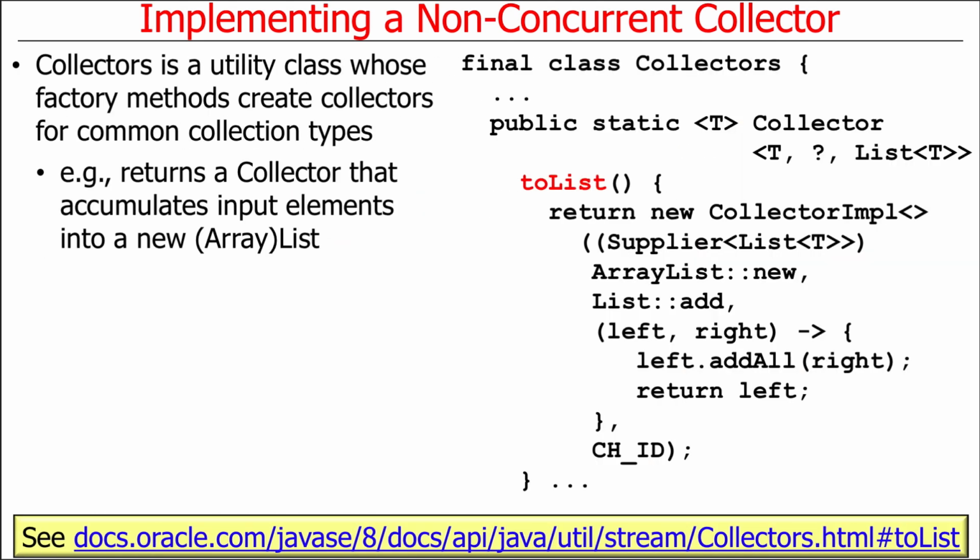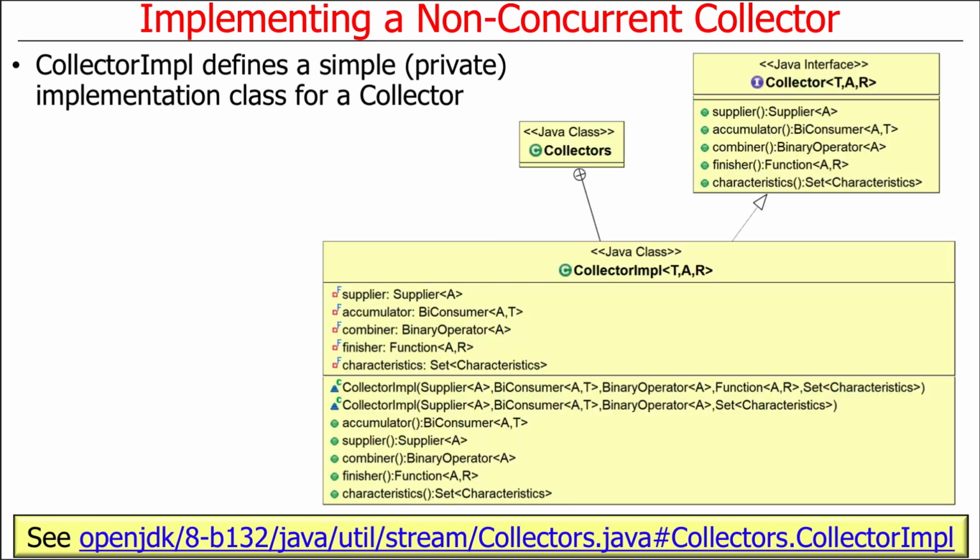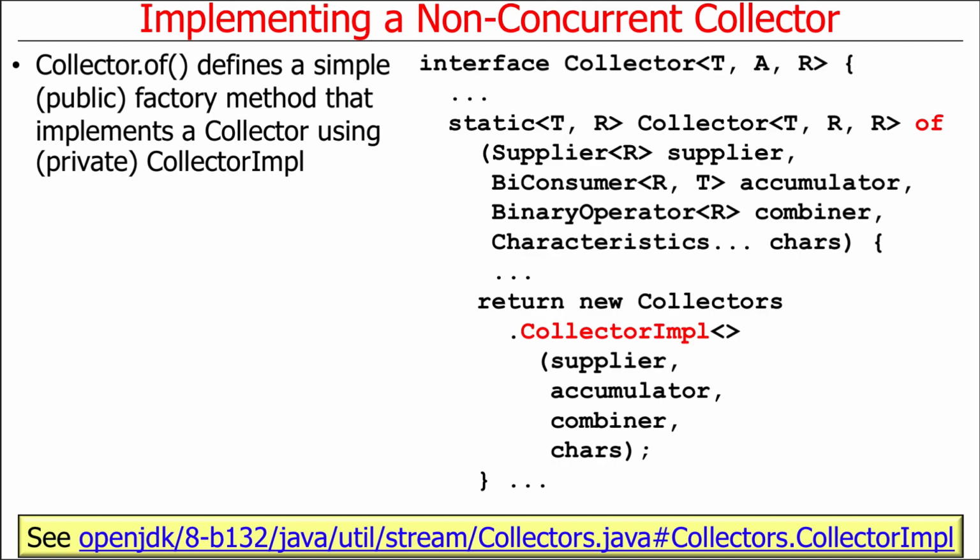Every time you wanted to accumulate something into a list, you could say collector.of and then write code like this every time. But of course, very quickly you'd go out of your mind because it would be tedious and error prone. So it's much better to stash it away either in a factory method using something like collector impl, or actually implementing your own subclass that implements the collector interface. But yeah, that's a great question.